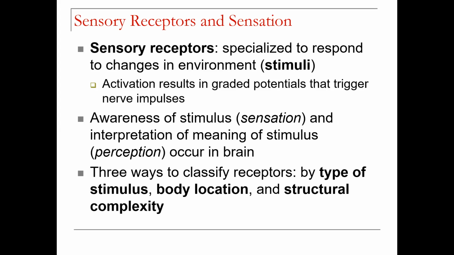So these sensory receptors are all going to be specialized, and they're going to create something that we haven't addressed yet. They're going to create what's known as a graded potential. We've just now started talking about action potentials in lecture. We know an action potential occurs when you depolarize a cell membrane.